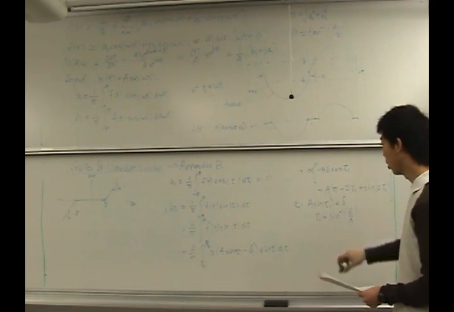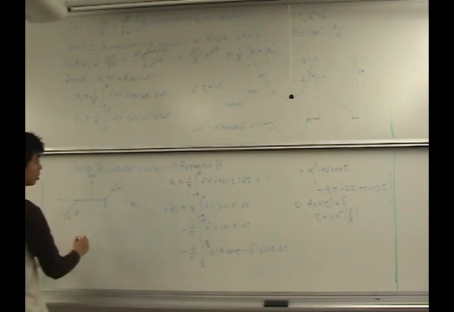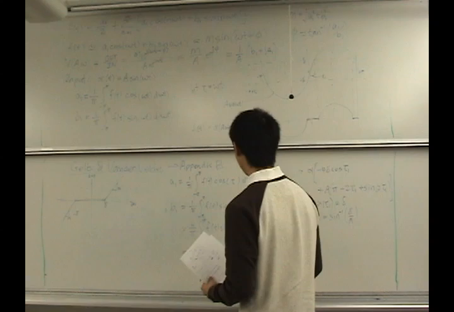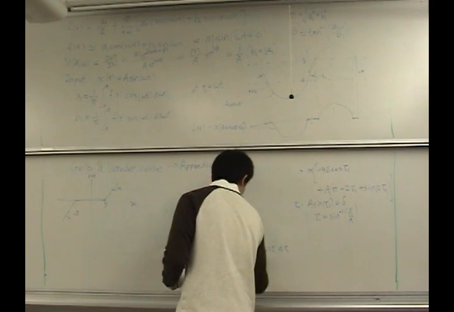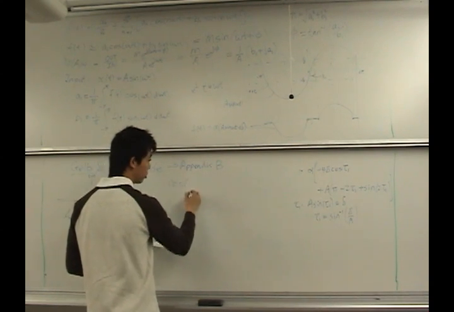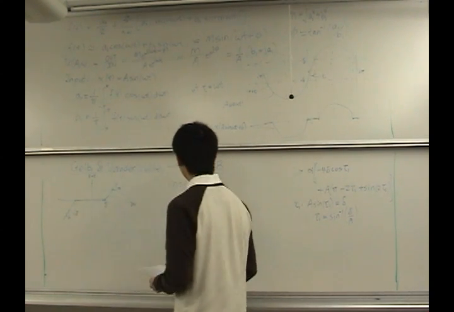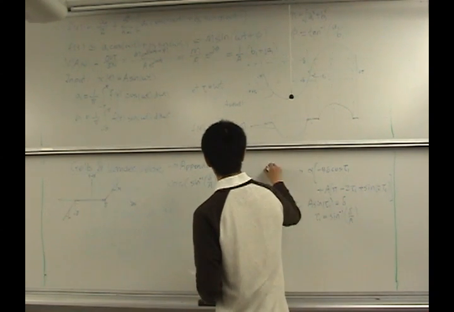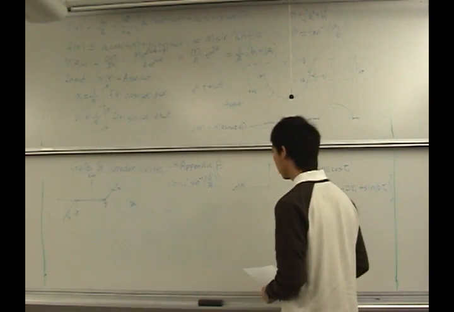For this one, cos tau 1, what is that? If we have cos of inverse sine of delta over A, now we can just draw a triangle. Let's say this is our angle tau 1.